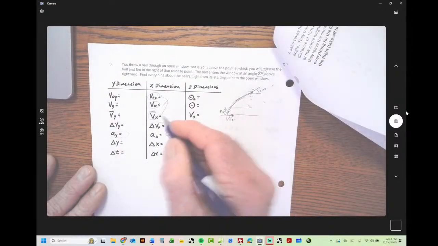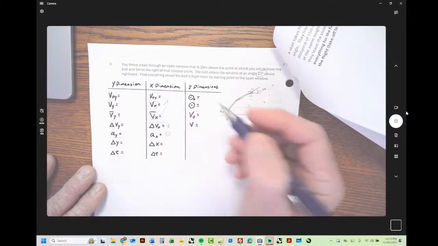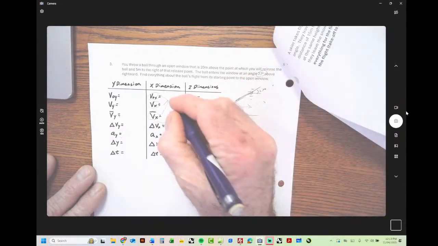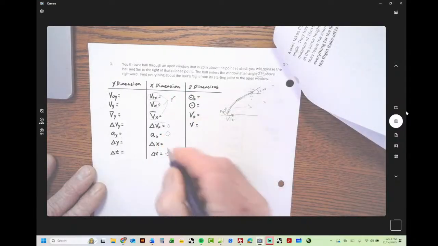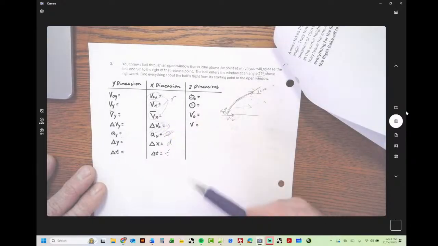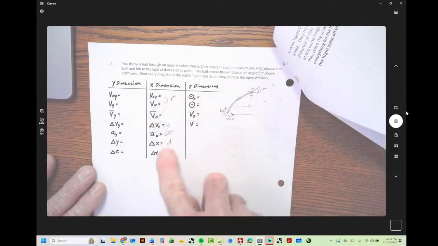So really in the x dimension, you could just think of this in simple math terms. We've got the rate, and we've got the time, and we have the distance. And all this other stuff is kind of irrelevant. So instead of all these different variables, there's just rate, distance, and time. And rate is velocity, distance is displacement, time is t.